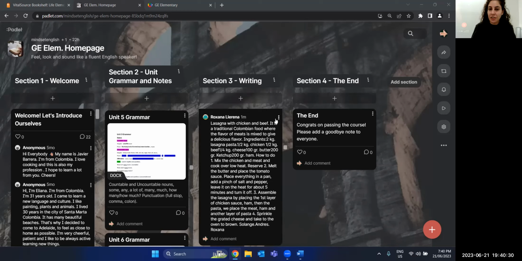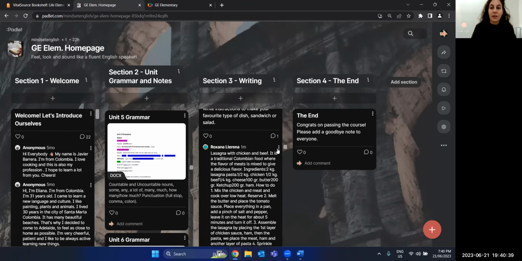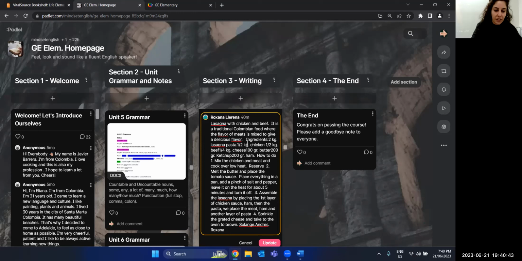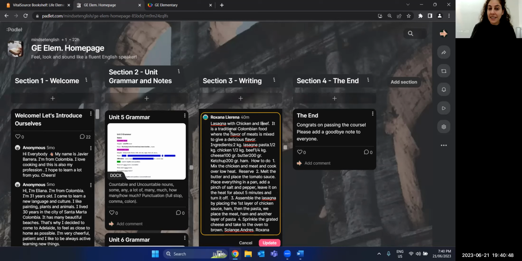Lasagna with chicken and beef. Good. So it's a title, so I might want to put capital letters. So everyone needs to upload. I can only see there's only one. So we're going to capitalize it because it's a title, the name of the recipe.